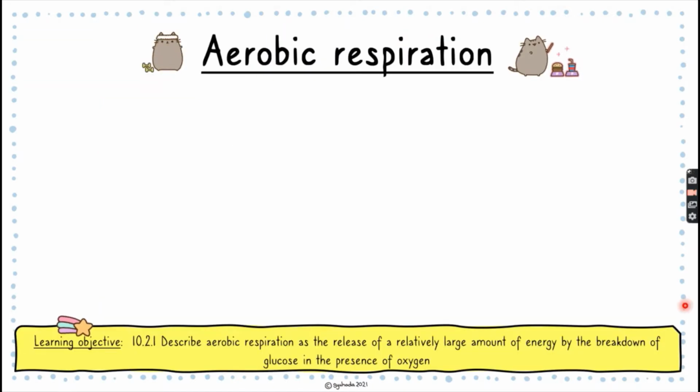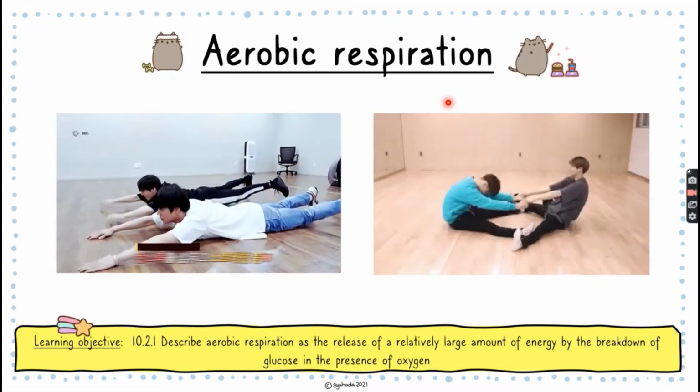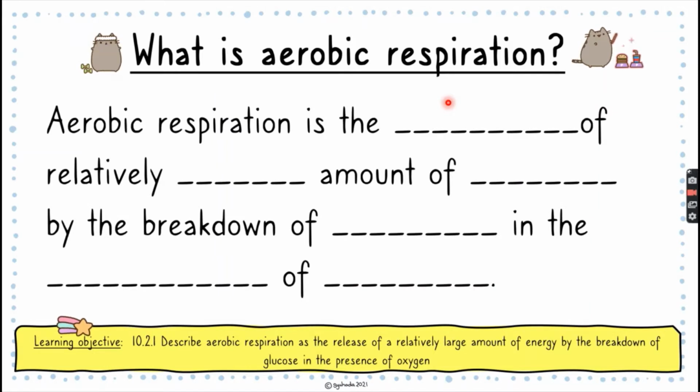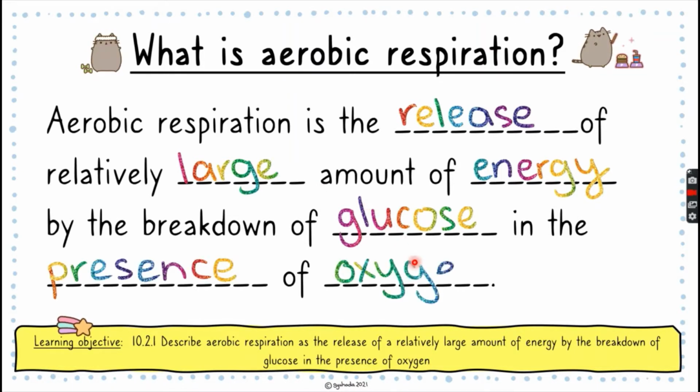All right, firstly, aerobic respiration. So when we think about aerobics, we always think about people exercising. However, aerobic respiration, what it actually refers to is, so this is the definition of aerobic respiration. Aerobic respiration is actually the release of relatively large amount of energy by the breakdown of glucose in the presence of oxygen.